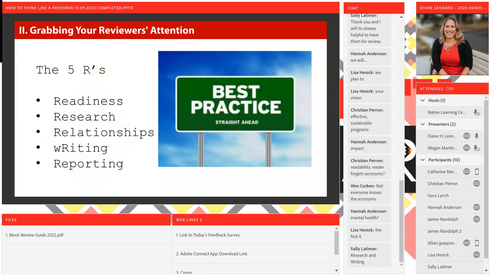I think that there are elements in all 5 that help us, but where we are actually in front of a potential reviewer, I would say relationships, writing, and reporting are more visible to a reviewer, and that's where they might recognize something. But it's through readiness and research that we're setting the stage for relationships, writing, and reporting.